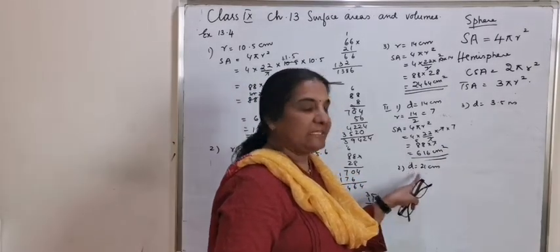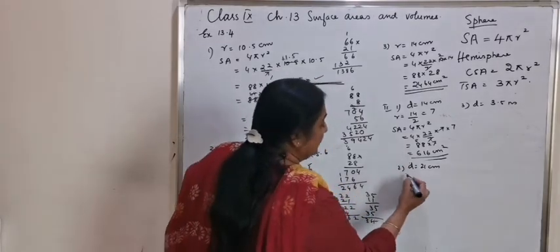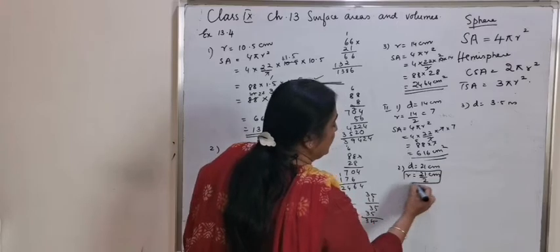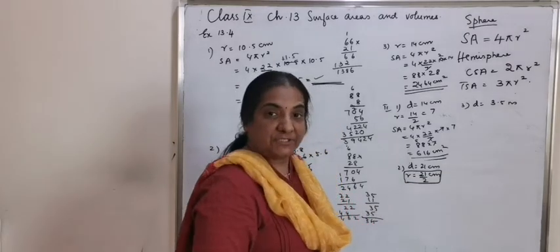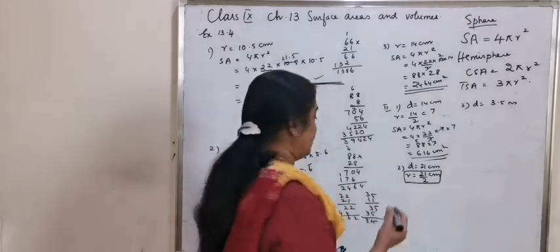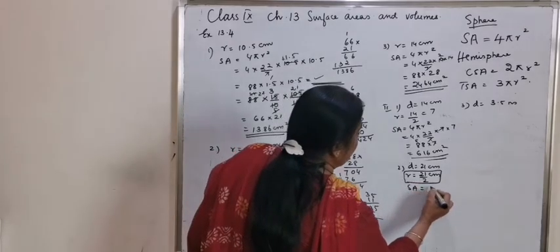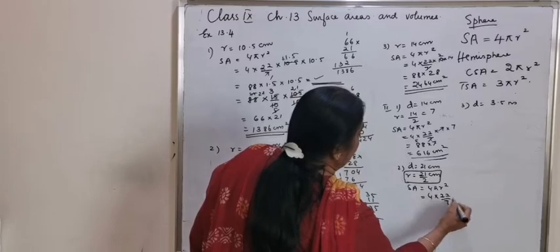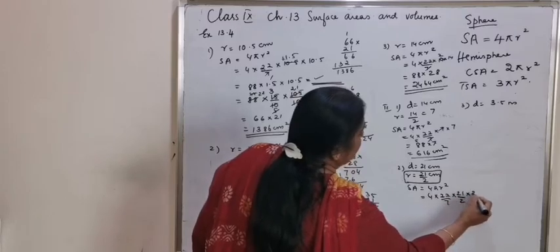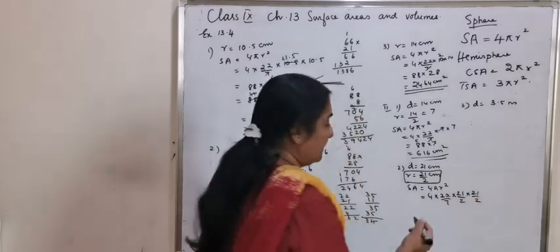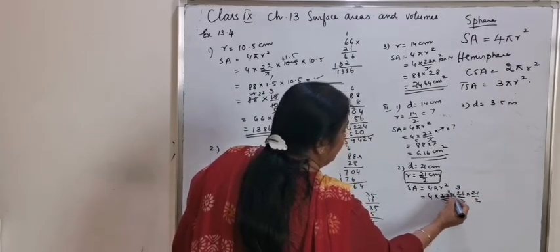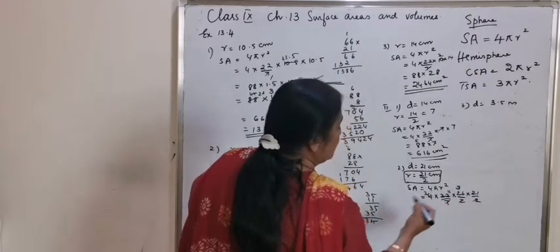Second one, diameter is equal to 21 centimeter. Radius equal to 21 by 2 centimeter. Better you leave it as fraction instead of decimals. Surface area is equal to 4 pi r square, 4 into 22 by 7, 21 by 2 into 21 by 2. So it is 7 3s are 21, 2 and 22 is 11 times 2 and here is 2.